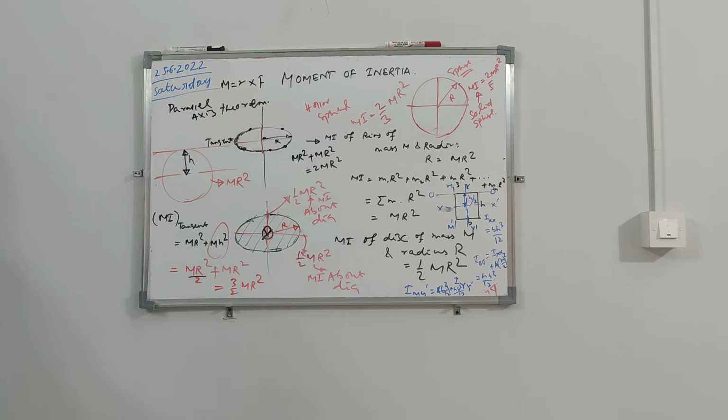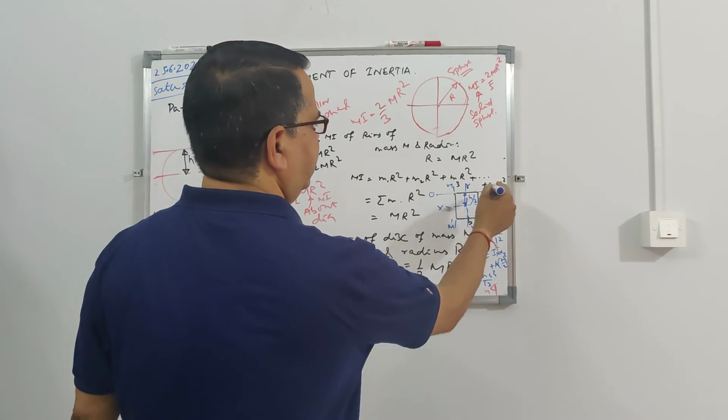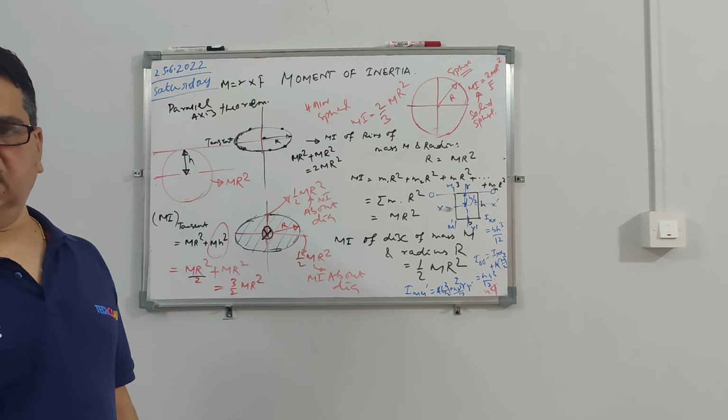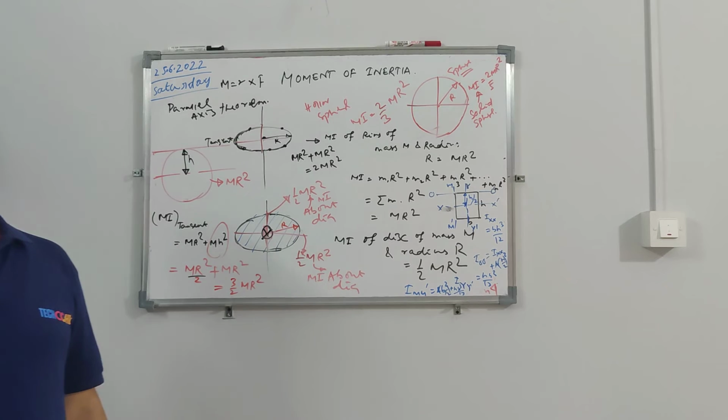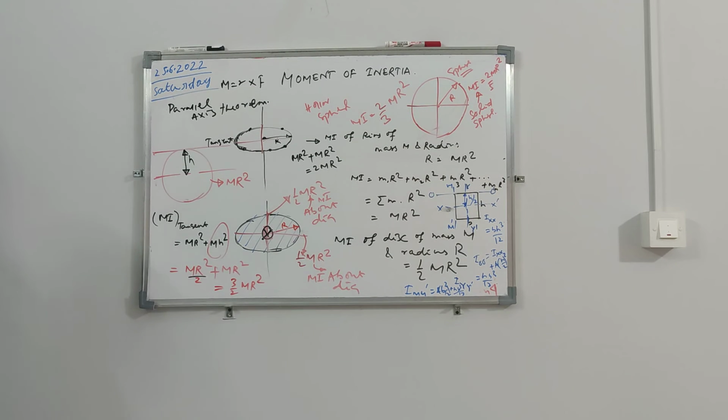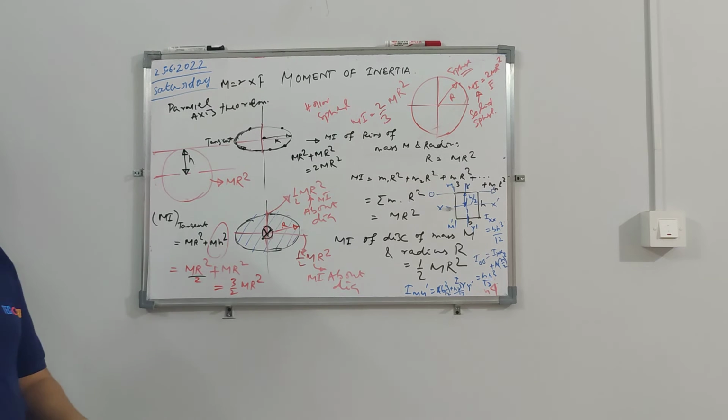In a rectangle, if you want to find about this axis, it is just Ah squared, area or mass into the distance squared. So Ad squared or Md squared, whatever, the distance squared into the mass or area will get added. That's all. That is the concept of the parallel axis theorem.